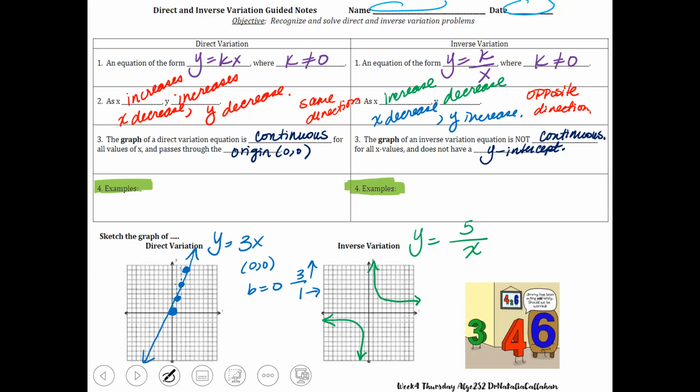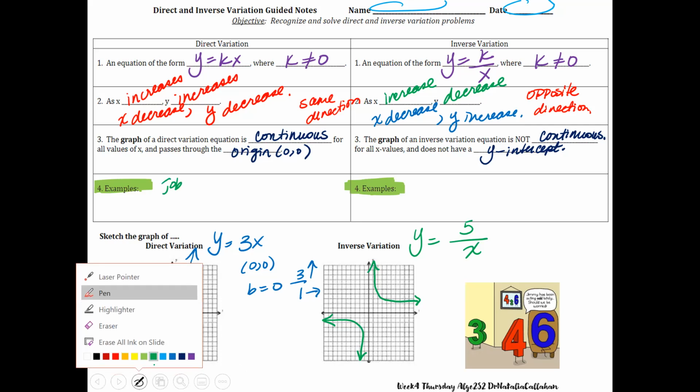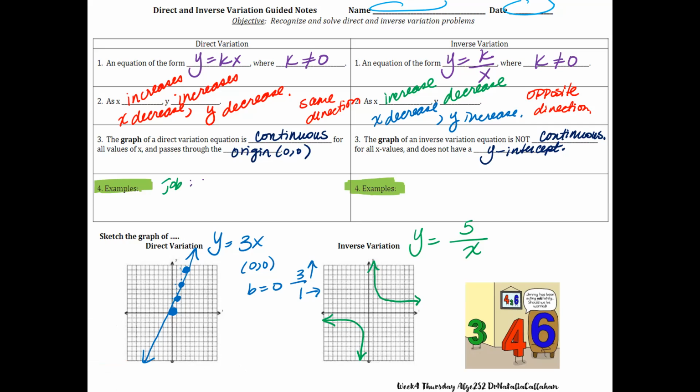Okay, so my example of direct variation, you got to think about it. If one goes up, the other one goes up. Or if one goes down, the other one also goes down. I would say like if you had a job, a direct variation is hours worked and your paycheck.